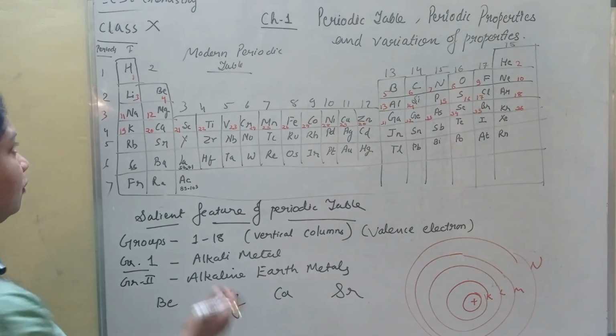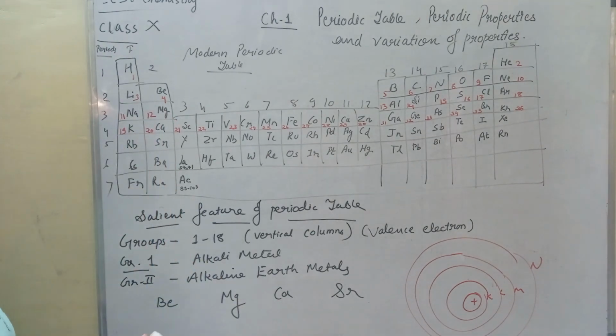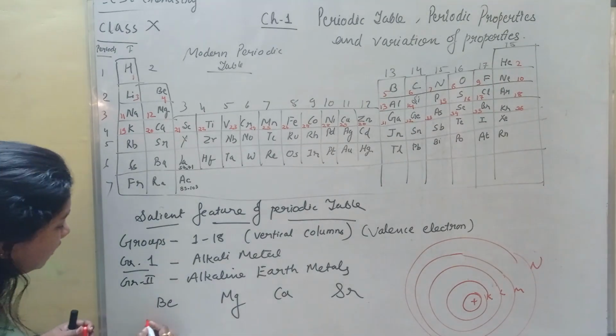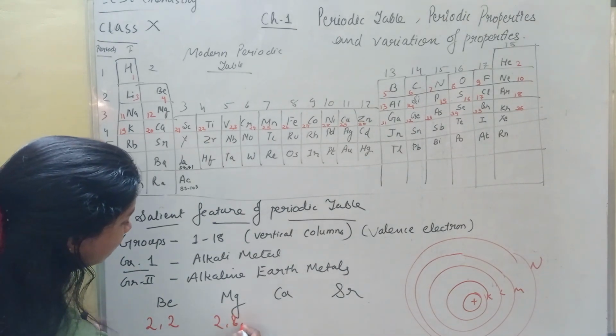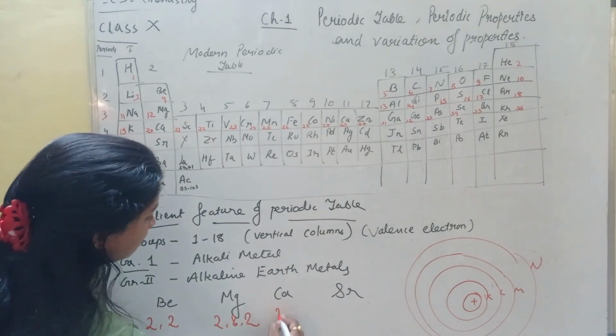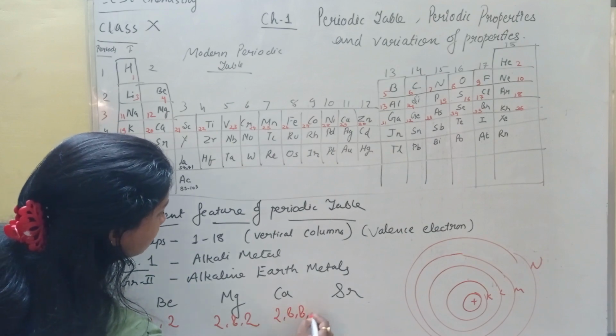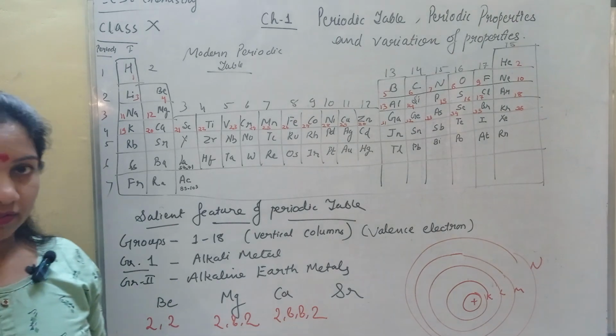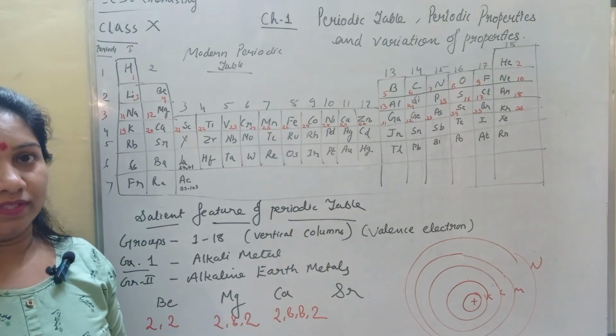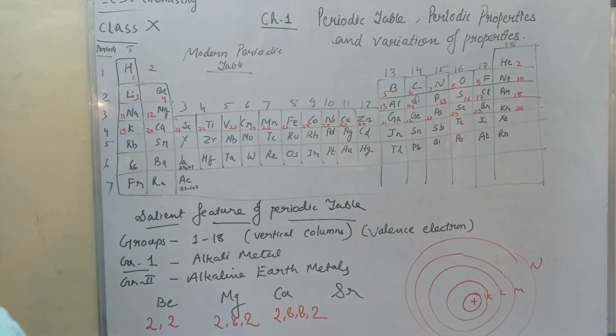We'll see the configuration of these also. Beryllium atomic number is 4, so the configuration is 2, 2. Magnesium 12, 2, 8, 2. Calcium 20, 2, 8, 8, 2. The first 20 you have to learn, that much is there in your syllabus.